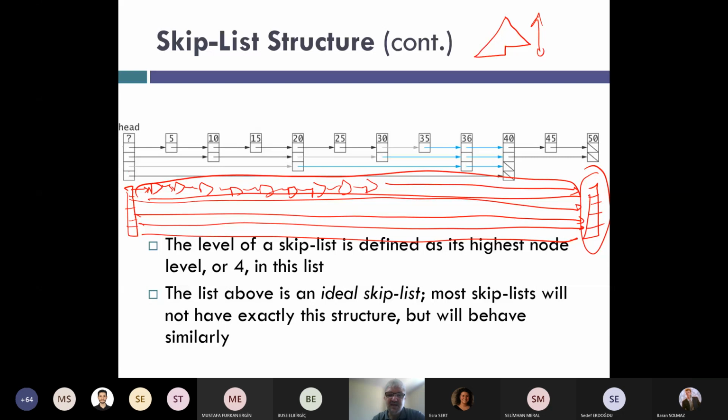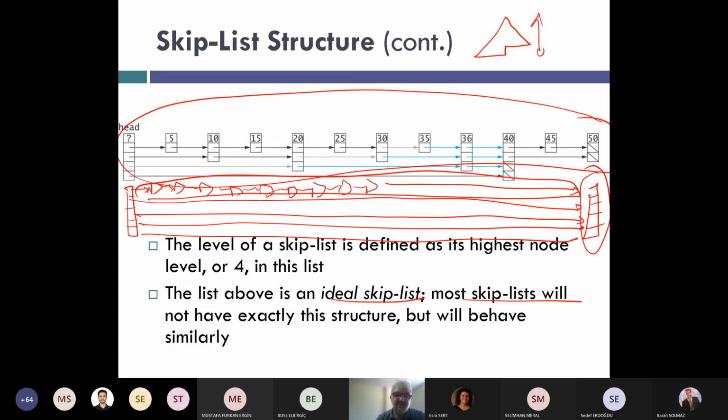And this is the worst case skip list, actually. And it is not always possible, as I said. So, the skip list here is an ideal skip list.